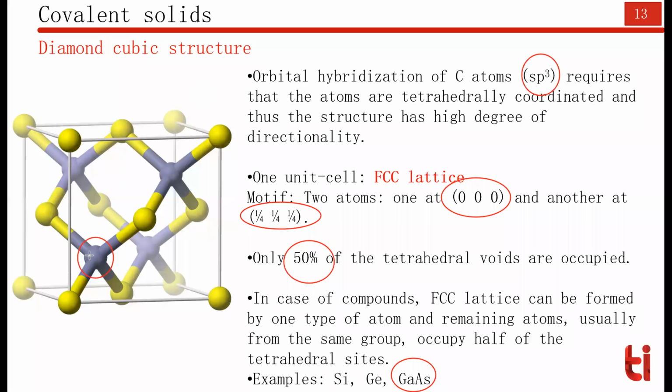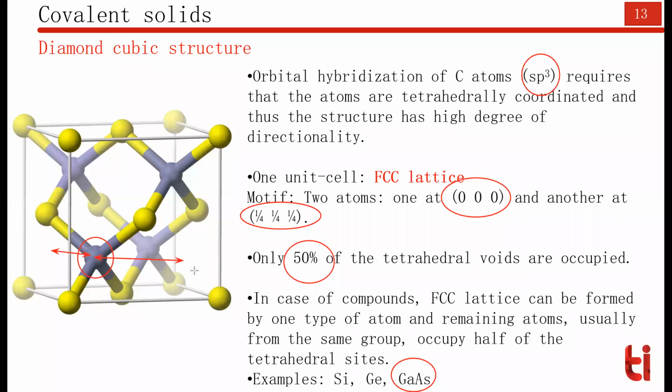Likewise, if I move to the right hand side, the right hand side tetrahedral site is also empty. So if one of the tetrahedral sites is occupied, surrounding it, the other ones will be empty.